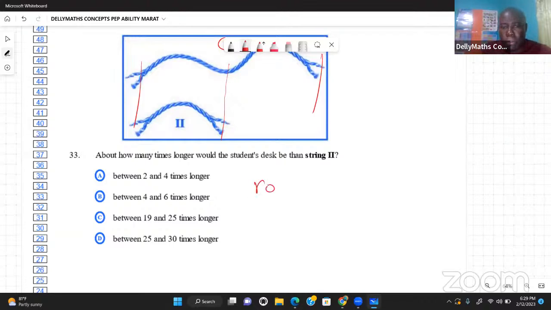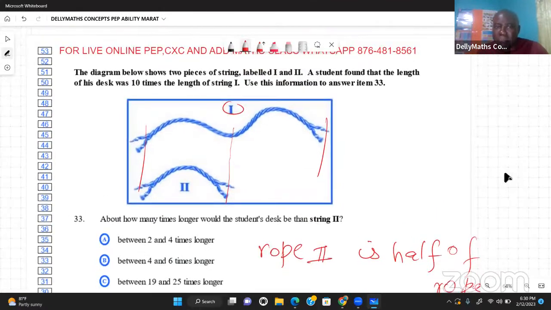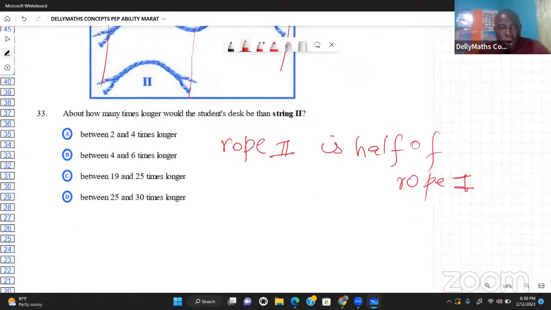Remember, rope 2 is half of rope 1. And because I know that his desk is 10 times longer than rope 1, that means his desk is going to be 20 times longer than rope 2. So it's going to be about 20.